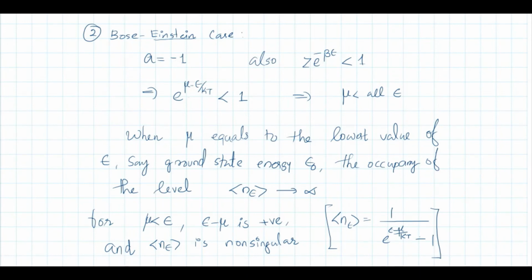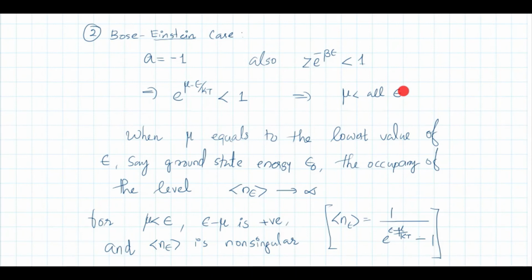So less than 1 means the exponent should be negative. That is, mu should be less than epsilon, and epsilon is the various single particle energies. So the chemical potential of the system should be less than all the single particle energies possible for the system.